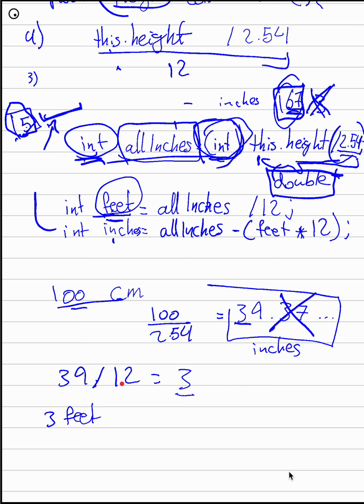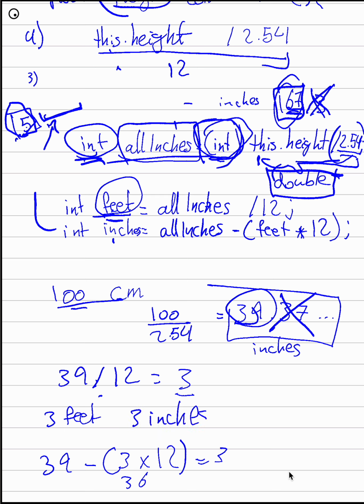Because 3 times 12 is 36. But that's not how tall you are. You're 39. So you do 39 minus 3 times 12, which is 36, and you get 3. It's the remaining inches. So then you are 3'3". Okay. Does that make sense? Yeah. All right, that's 100 centimeters because it's easier to calculate that.